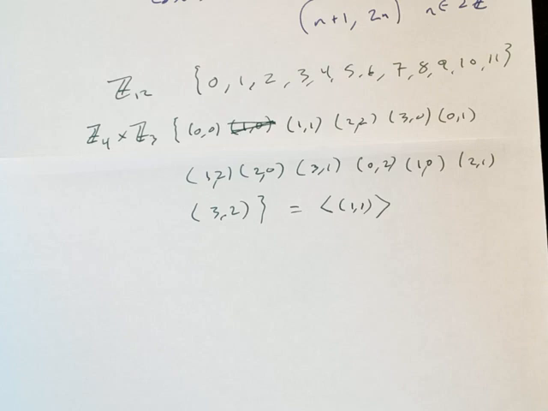And those are prime factors. So would it be right to say Z2 and Z3 and Z5 are somehow like prime groups?